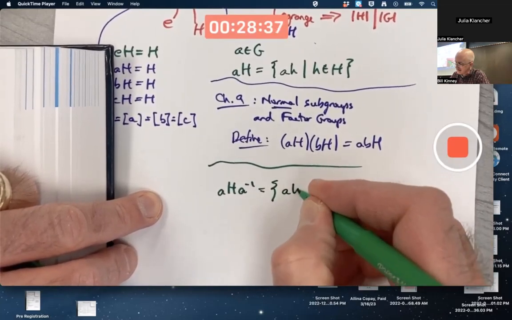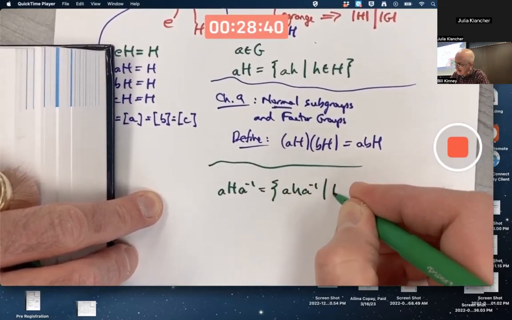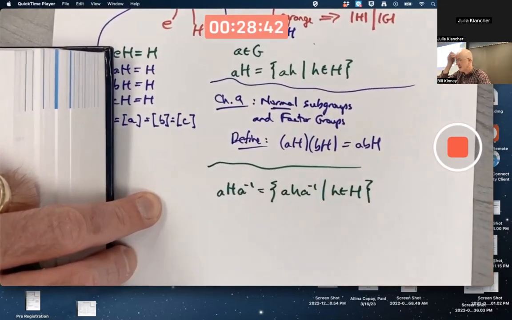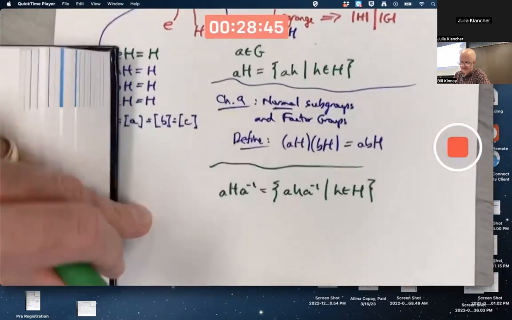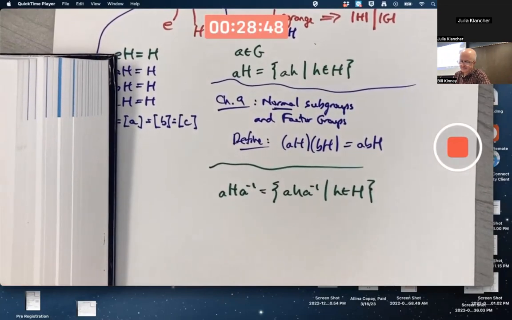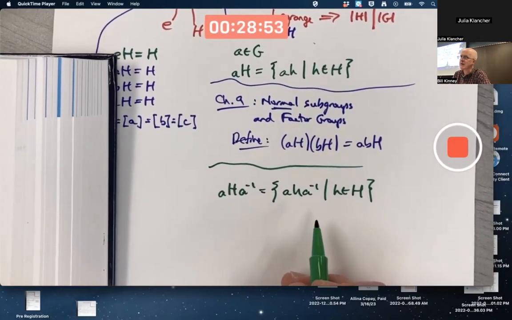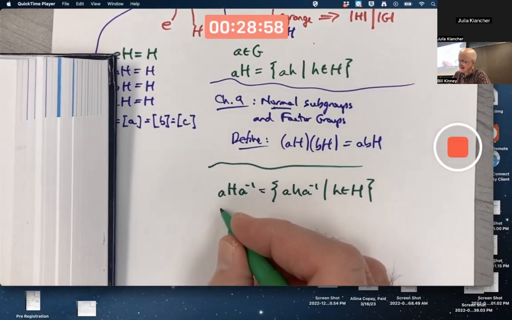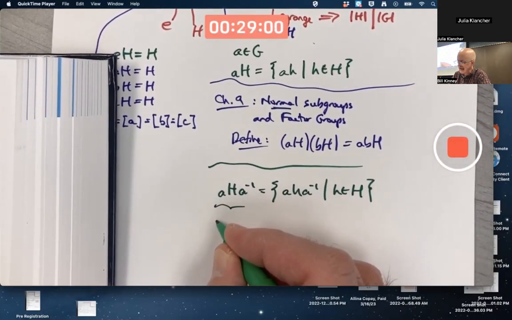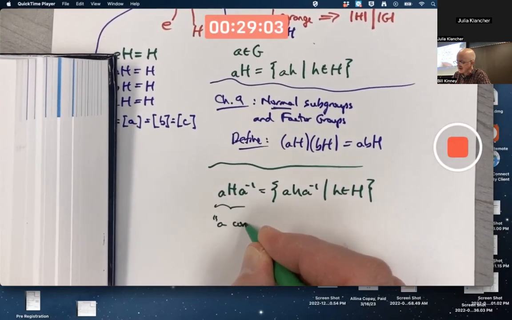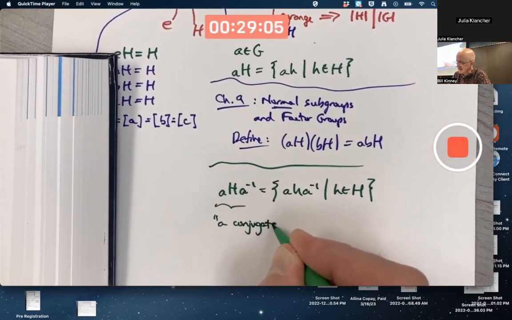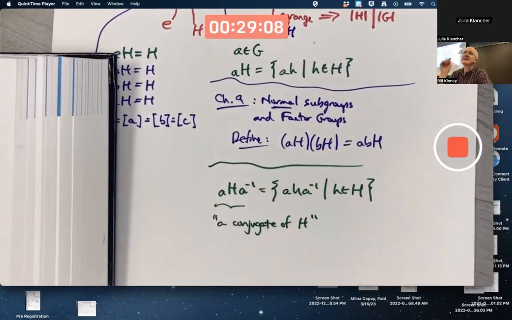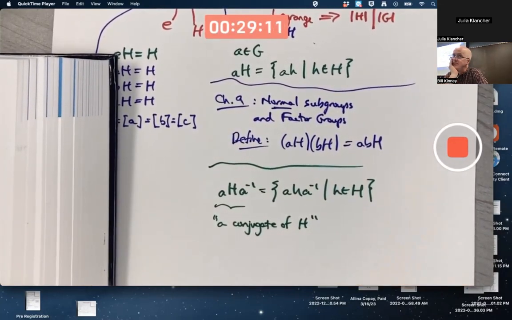This is the set of all products that look like this as h ranges over capital H. That's not a coset in general unless a happens to be in H. You could call it a conjugate of H. It will always be a subgroup of G. In fact, I've sometimes put the proof of that on tests.